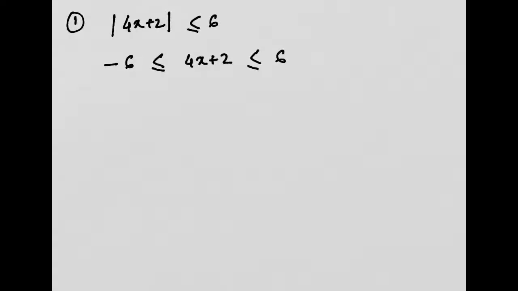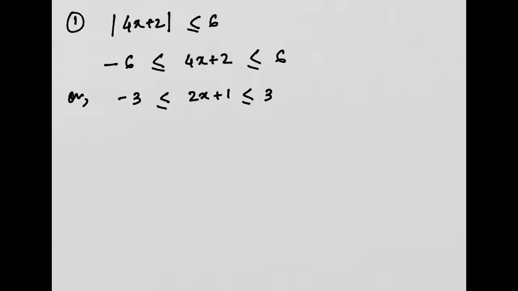Now I am writing it together, but I'll take it as two different inequalities simultaneously to solve this inequality. I see that 2 is a common factor, so first I am cancelling out the common factor. So it is minus 3 less than or equal to 2x plus 1 less than or equal to 3.